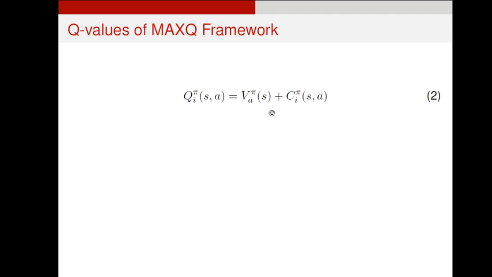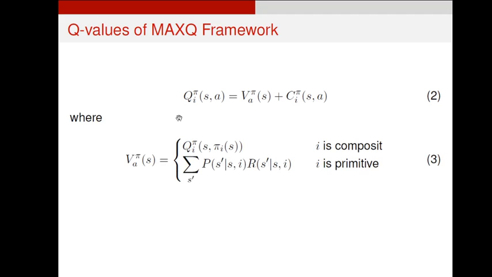Then Va pi of S corresponds to the internal max node, where Va pi of S is equal to, it has two values, namely Qi pi of S comma pi i of S if it is a composite action.